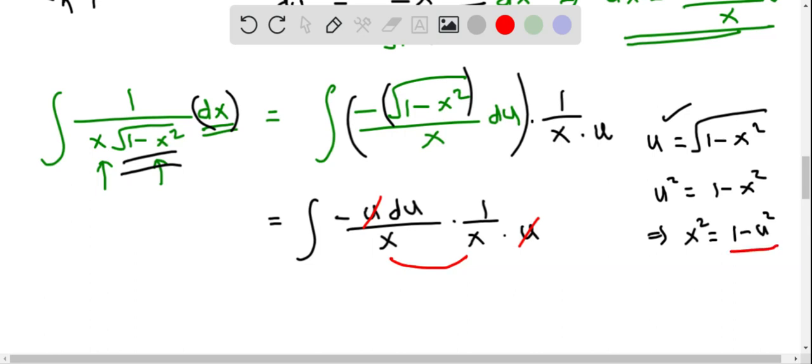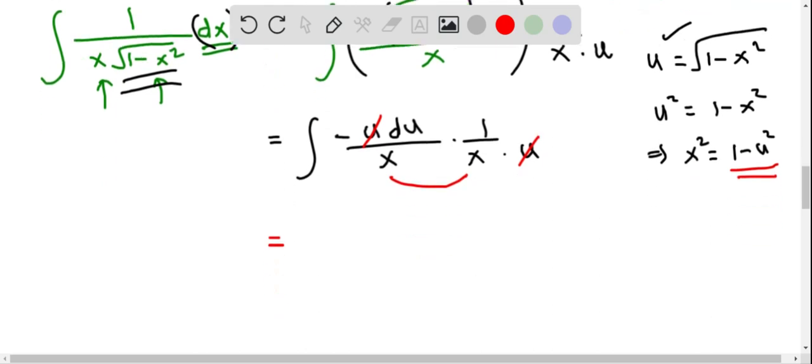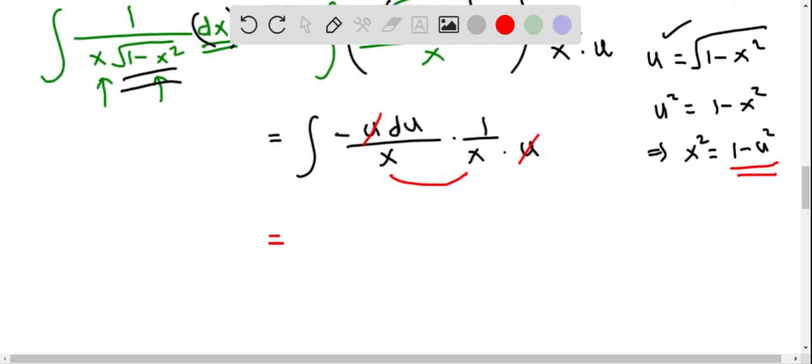We replace x squared as 1 minus u squared, so this integral changes to negative du over 1 minus u squared, where we already have a negative, so I can factor out the negative. This means we have converted this integral in terms of the u variable alone.